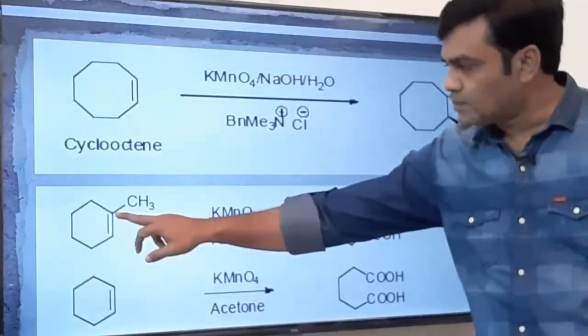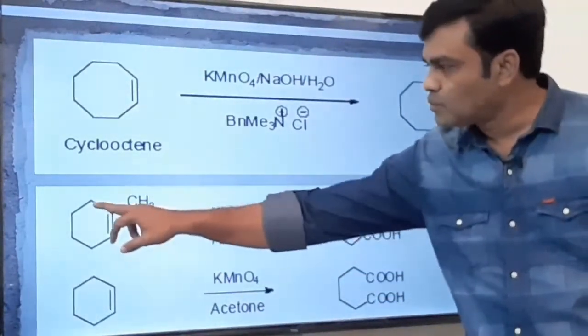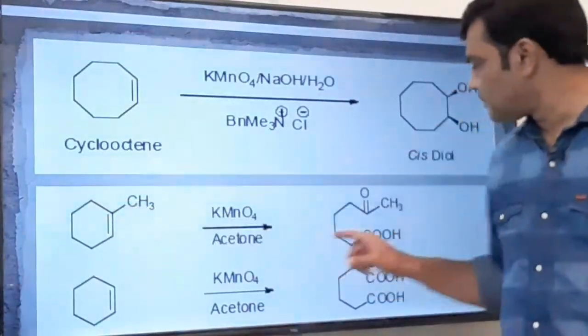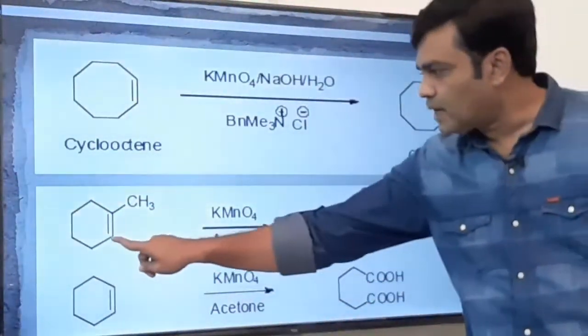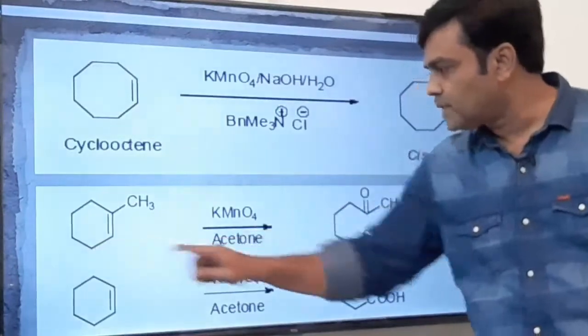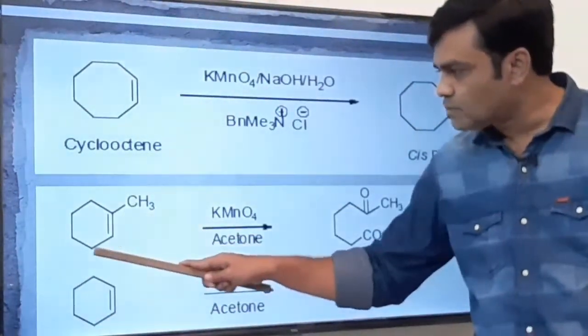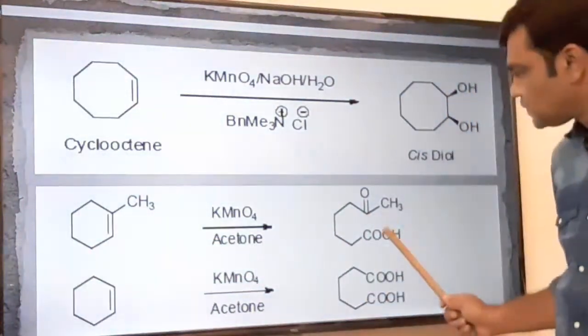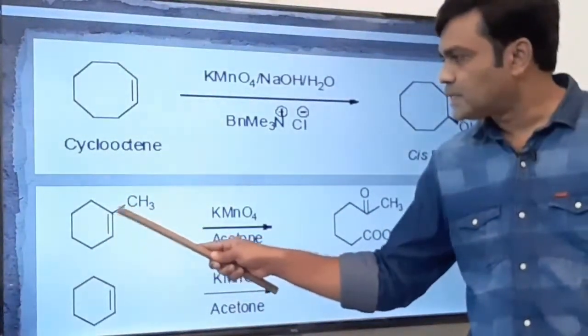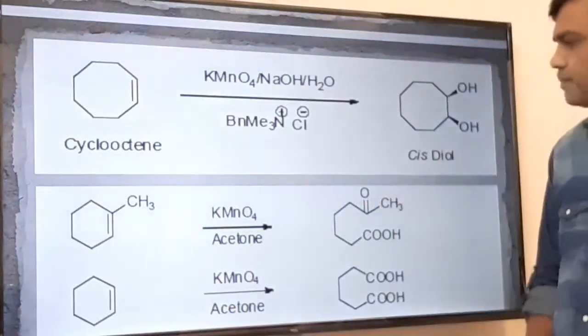Secondary carbon, carbon having two substituents will oxidize to ketone, and carbon which has a single substituent will oxidize to COOH. So see, this carbon is attached to one carbon only, so it will oxidize to COOH. This carbon which is attached to two carbon atoms is oxidized to ketone.